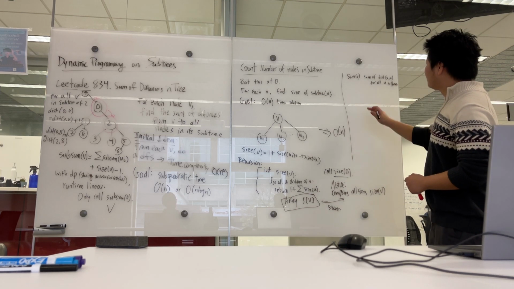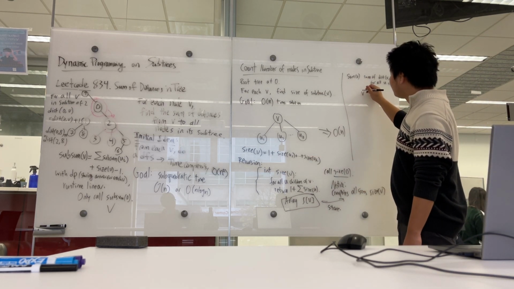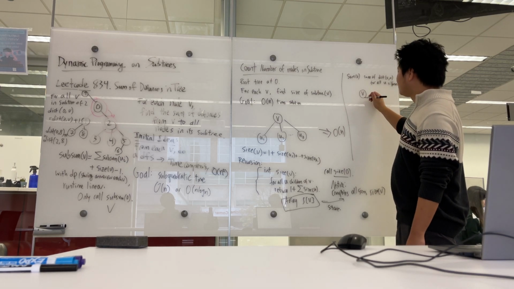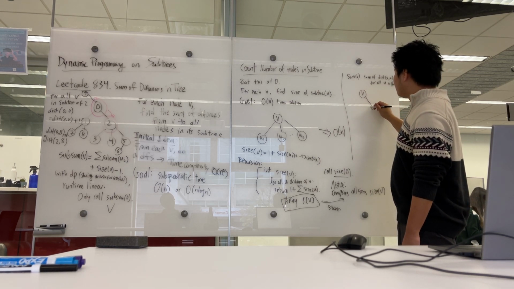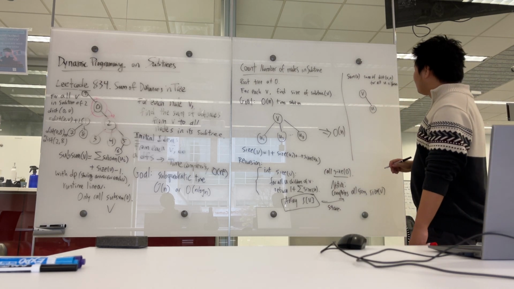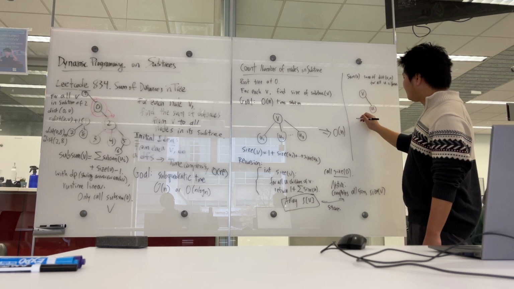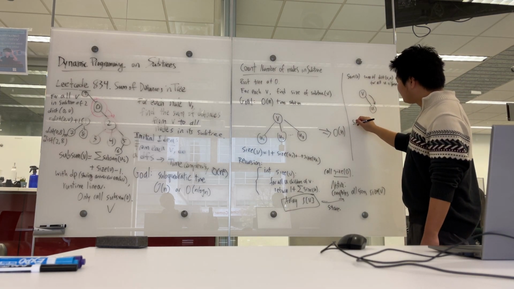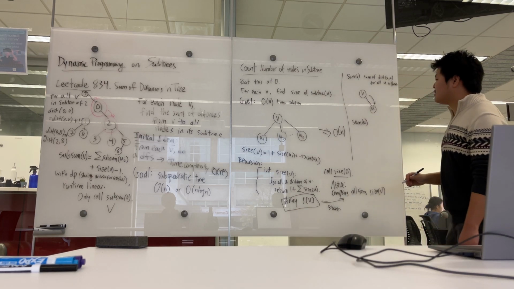So let's say more formally, that v is the parent of a vertex u. So u is a direct child of v. So how can I write the sum of u in terms of the sum of v?